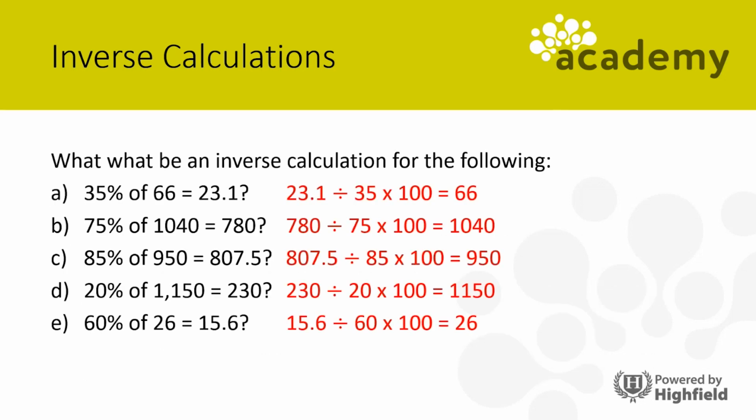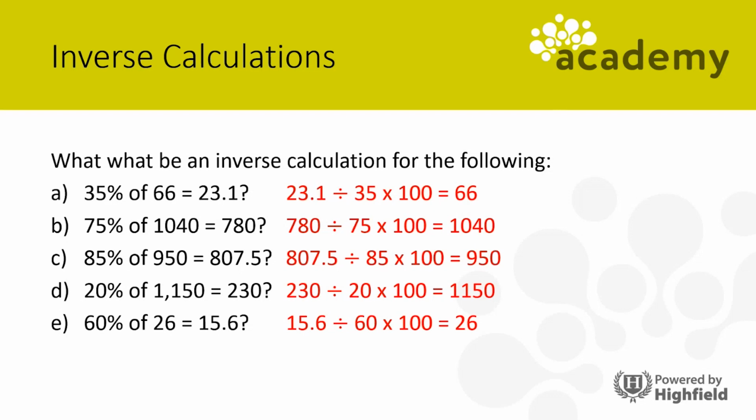What would be the inverse calculation for the following? So A, 35% of 66 equals 23.1. Well, the inverse calculation would be 23.1 divided by 35 times 100 equals 66. For B, 75% of 1040 equals 780.